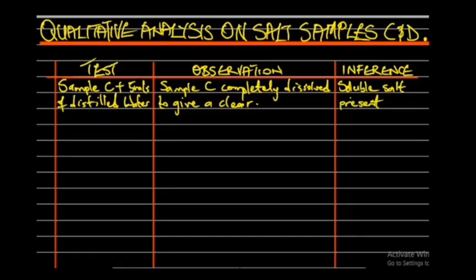That was the first thing that we discovered. Then we tested that particular solution, solution C, with litmus paper. We tested with the two litmus papers, and we discovered that the blue litmus paper changed its color.